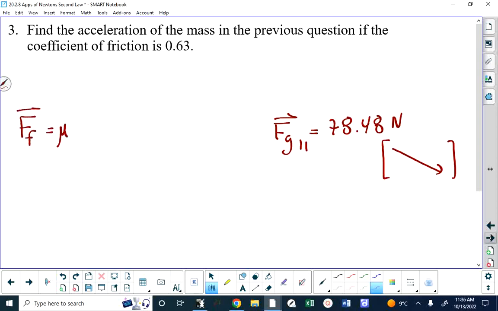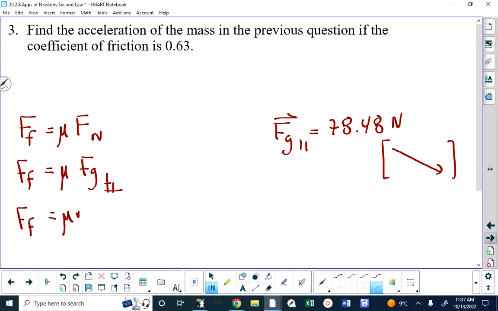The force of friction is mu Fn, which again, on an inclined plane, Fn is the component of gravity perpendicular to the ramp. So the force of friction is mu mg cosine theta. Well, let's calculate mu mg cosine theta.